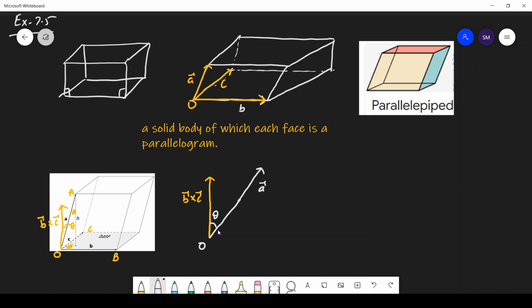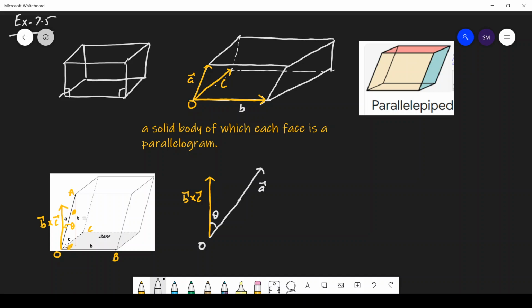So what is the height of the parallelepiped? This height. Okay, so if I'm taking this as angle theta, so these are the parallel lines, so this angle will also be theta.